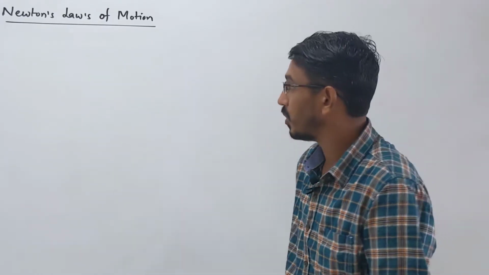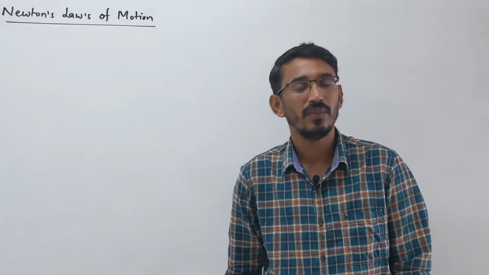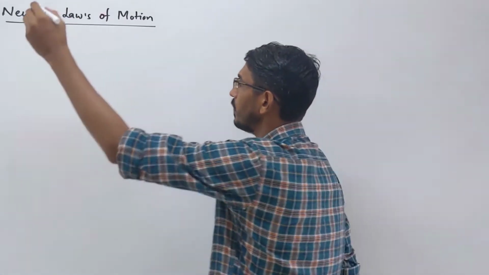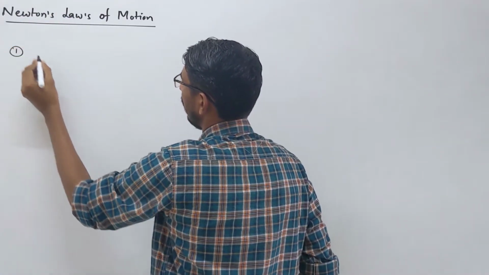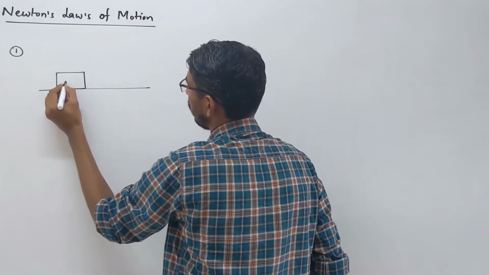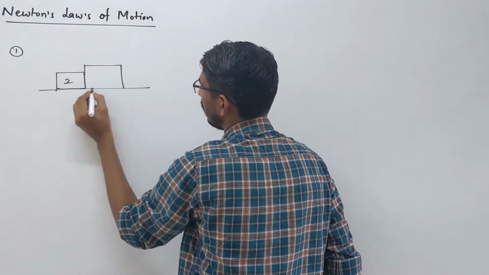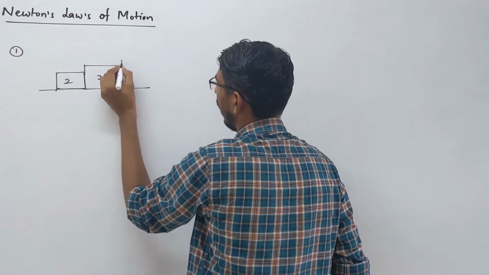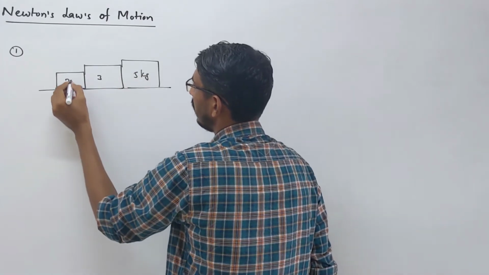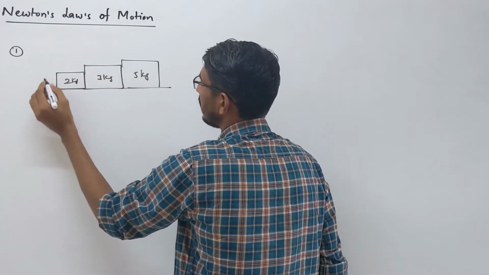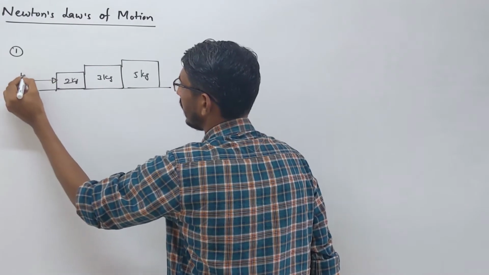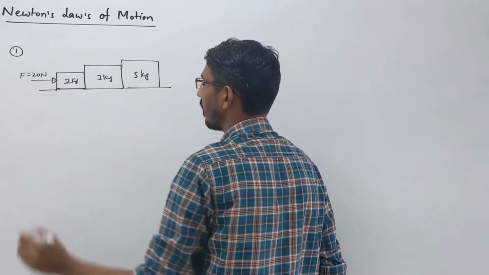Let's do a numerical example where we have to find the reaction between surfaces. Problem number 1: a 2 kg body, a 3 kg body and a 5 kg body. Some force is applied, you can apply it here, it doesn't matter. Let's say a 20 Newton force is applied.